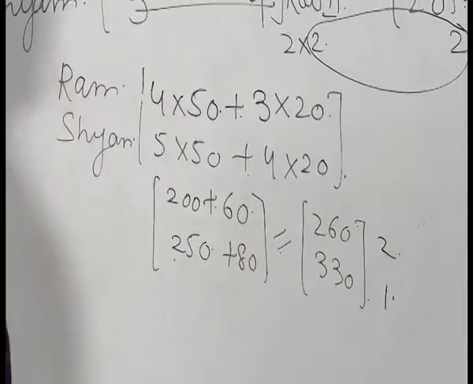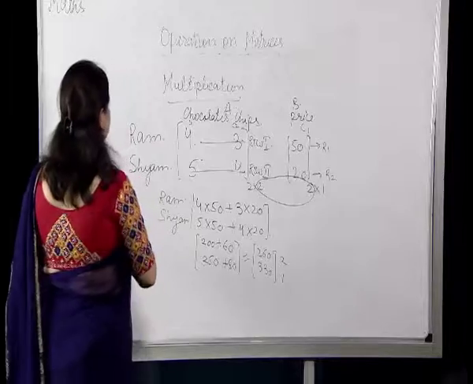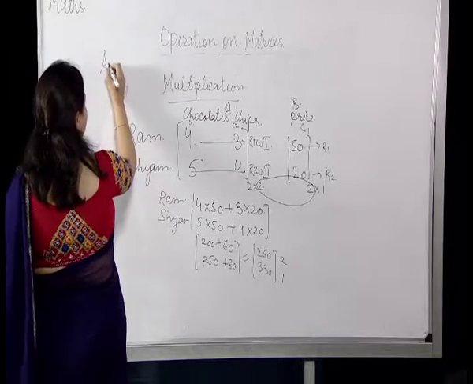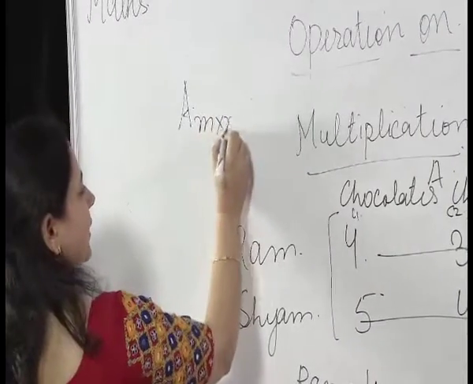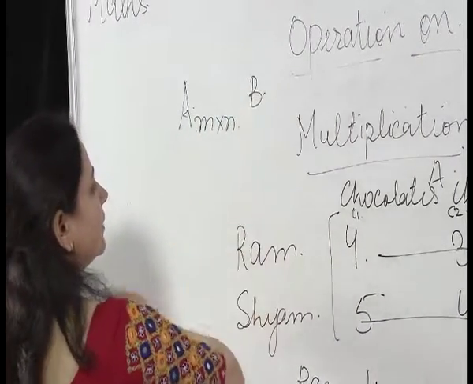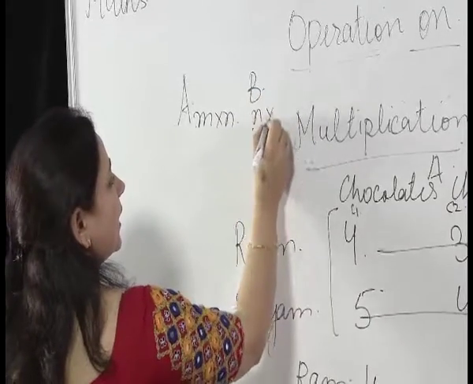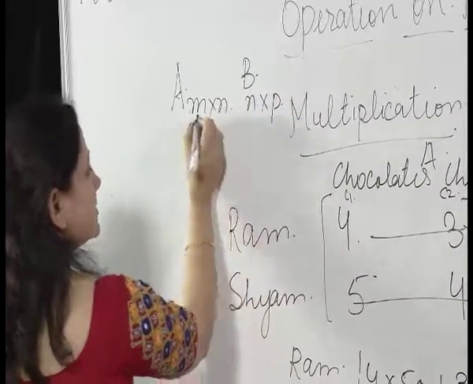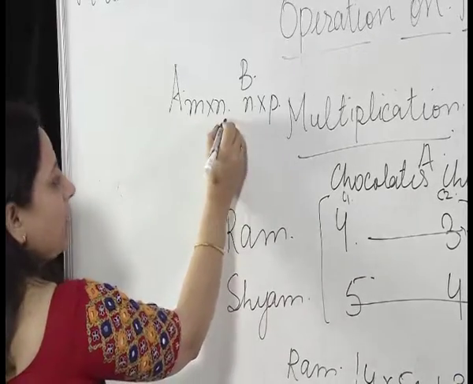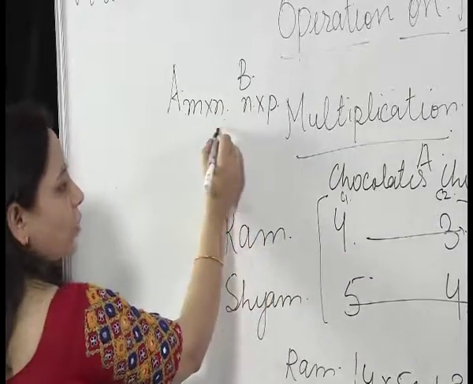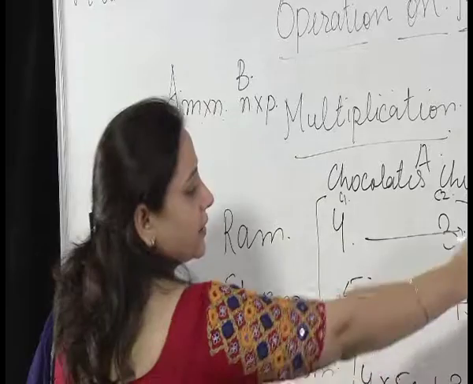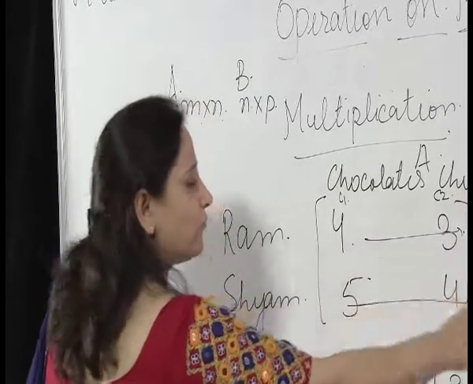That means if I have a matrix A of order m into n, the product will be defined only if B is a matrix of order n into p, because you know the order is row into column. I told you the number of columns here should be the same as the number of rows.